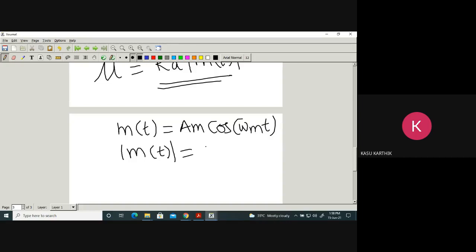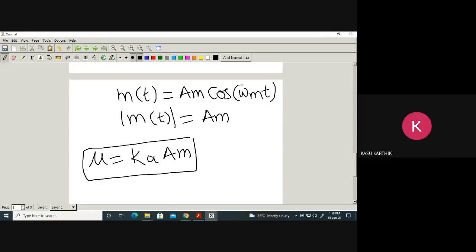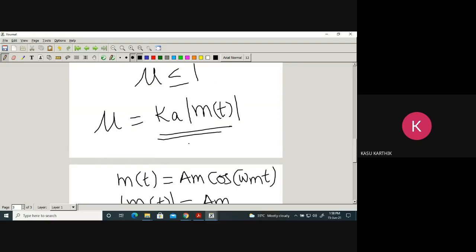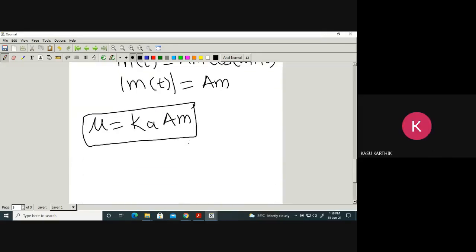It's nothing but Am. Then what is mu? Mu equals Ka into Am. I told you already, so this is the formula for mu when m of t is a single tone signal.